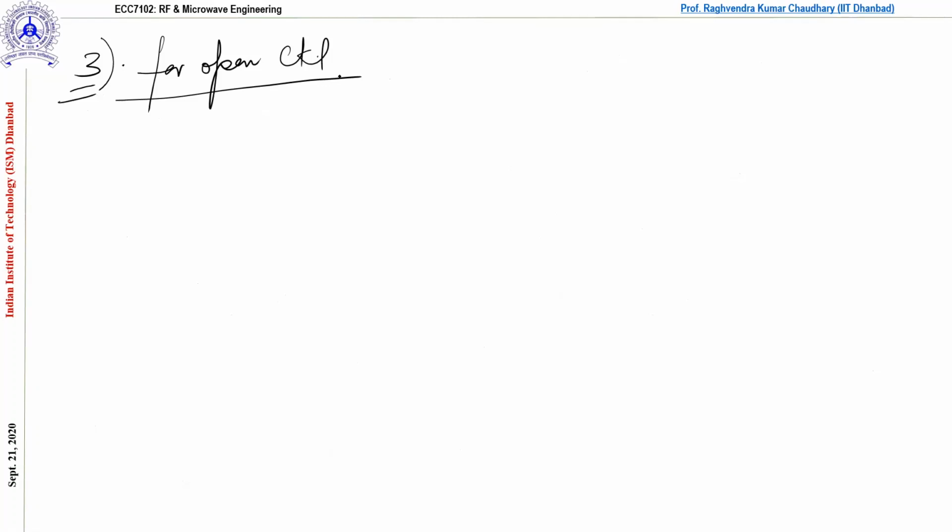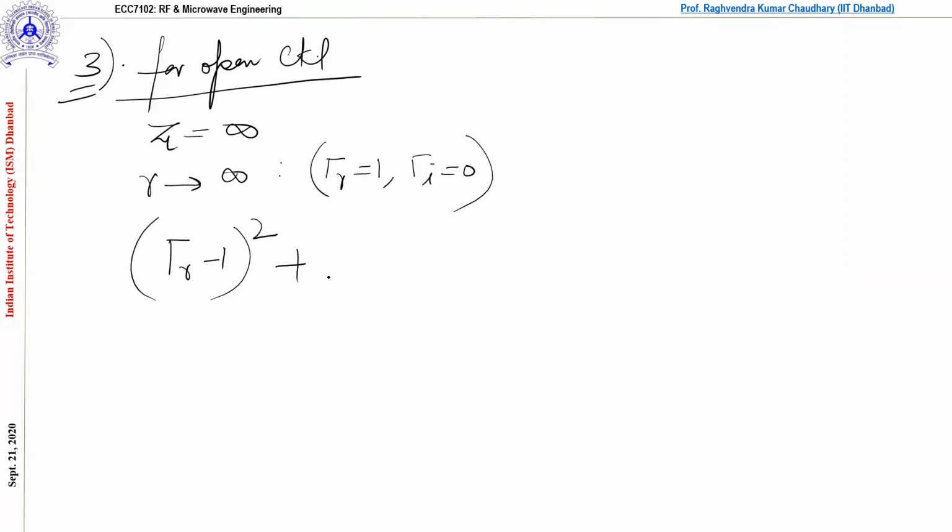So ZL is infinity here, and in that case small r will be infinity, and hence the center of the circle would be 1 comma 0. The center would be r over r plus 1, and the radius will be 1 over r plus 1. So the equation will be (gamma r minus 1) whole square plus gamma I whole square is equal to 1.